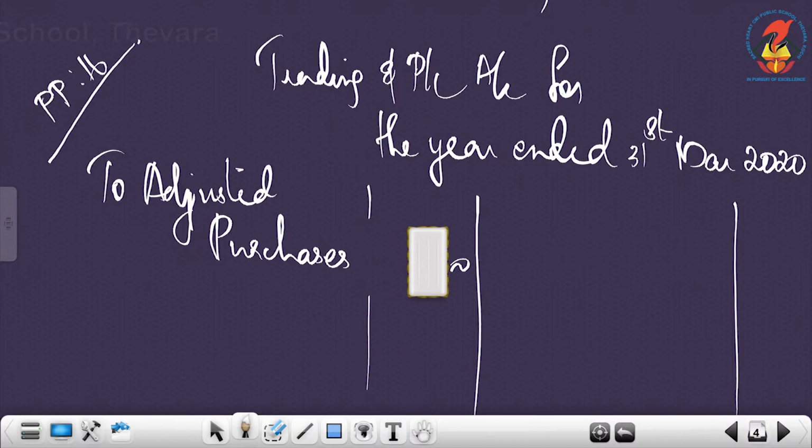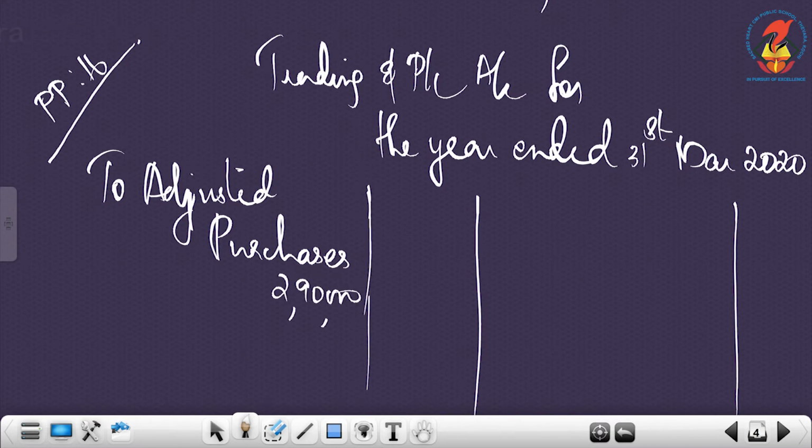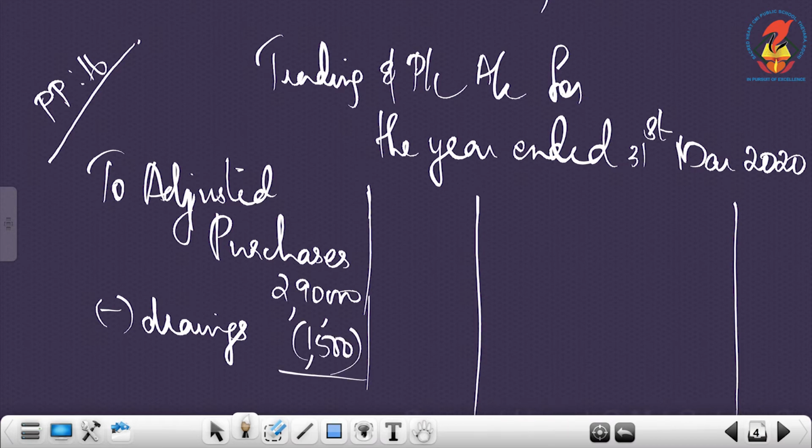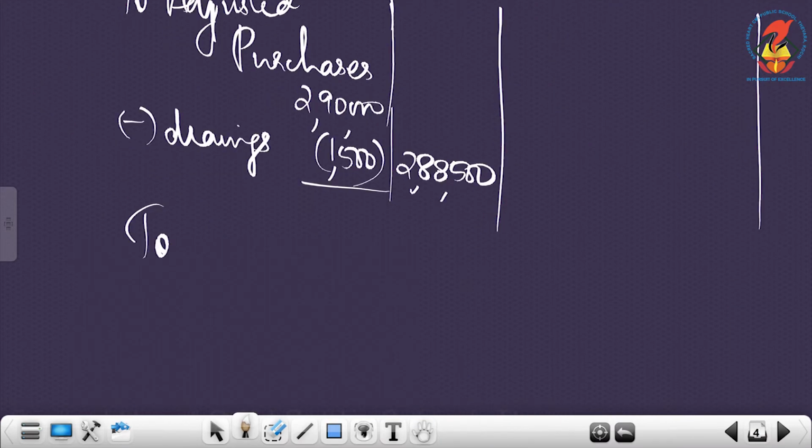So, just write this 2,90,000 in the inner column, and from this we have to deduct drawings. The amount is 1,500 withdrawn for personal use. So, write it within brackets since it is negative, since it is a deduction. Next, you can write all of the direct expenses like wages and all. So, wages here is 10,000.